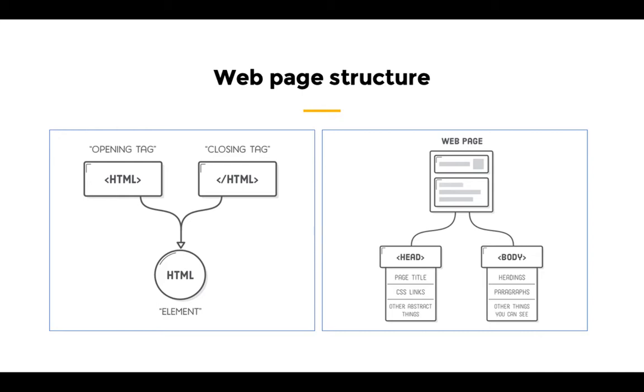But most of it is not seen by the user. It's information. The only thing that is seen is the title, but that's not even seen on your website. It's just on the tab. And then the body is the one that contains everything that is viewable by the users.